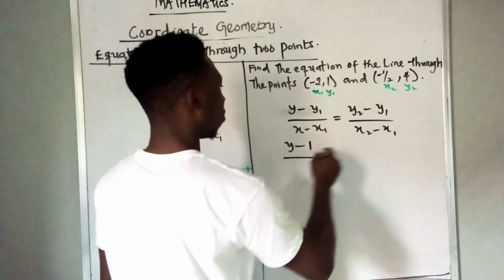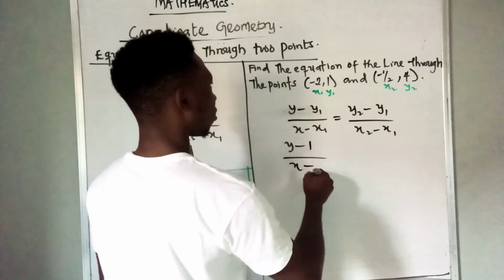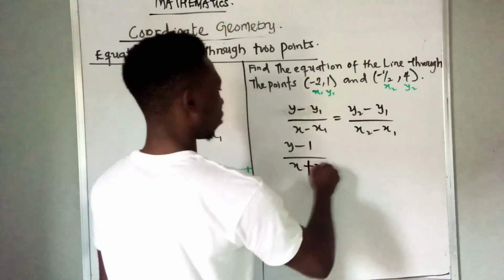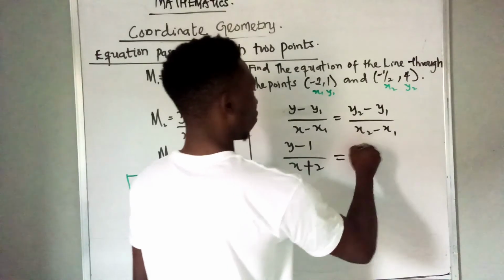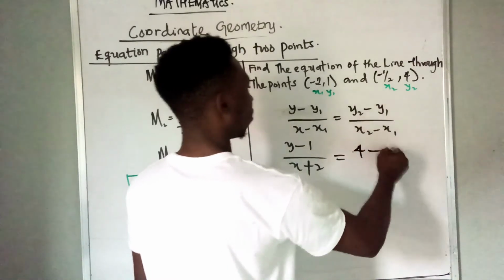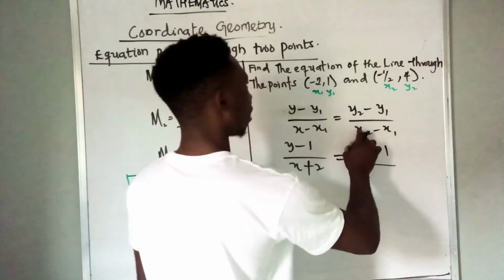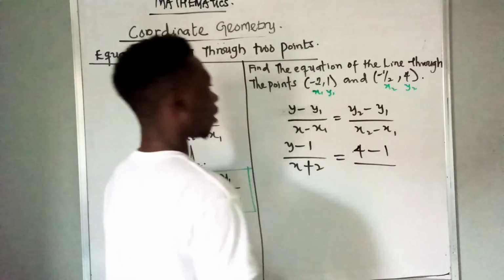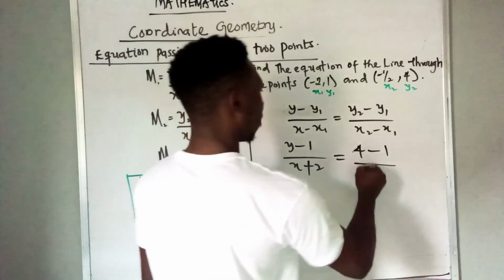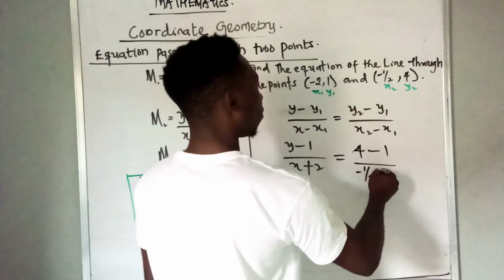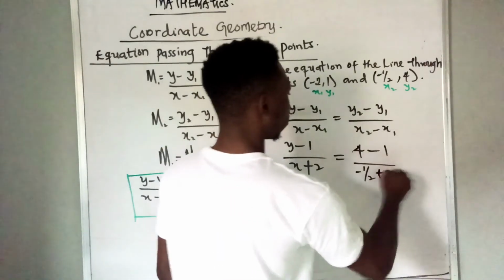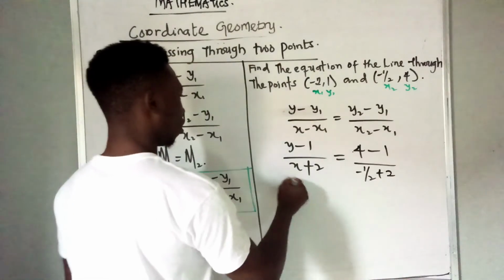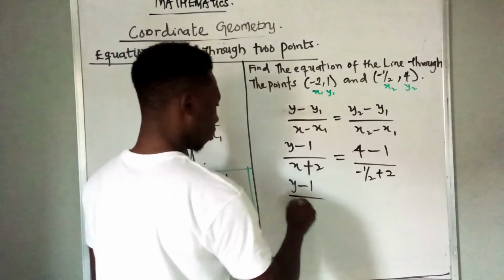That is 1, over x minus minus 2 is equal to y2. What is y2? 4 minus y1, 1, over x2 here, which is minus 1, minus x1, that's plus 2.